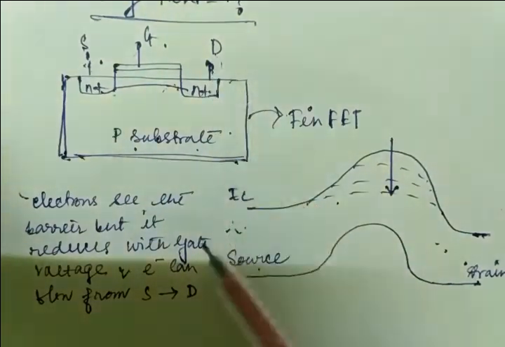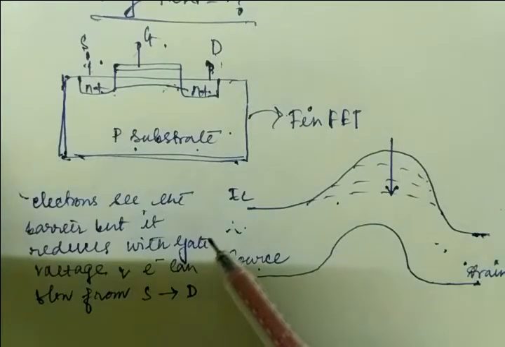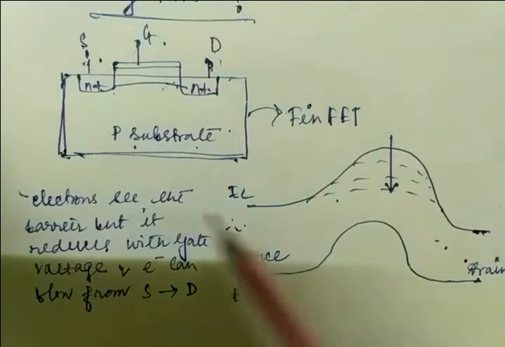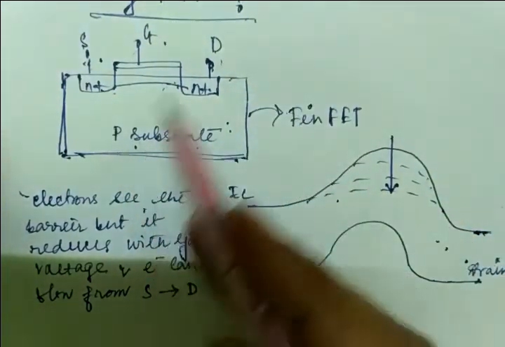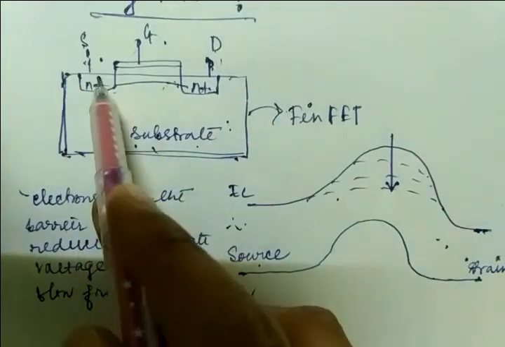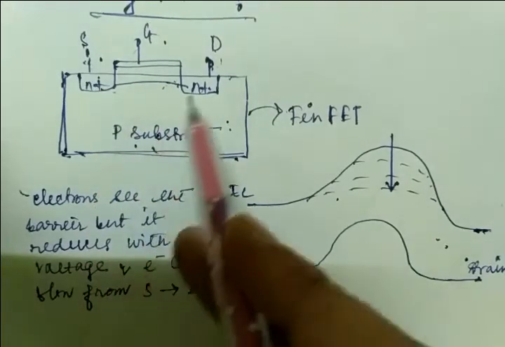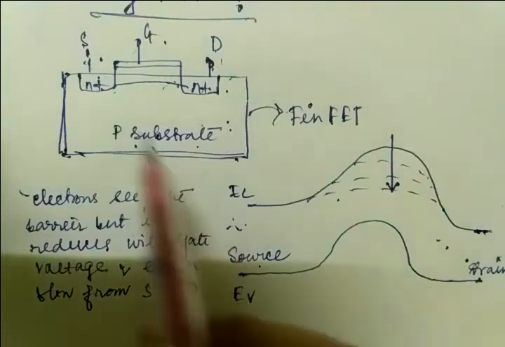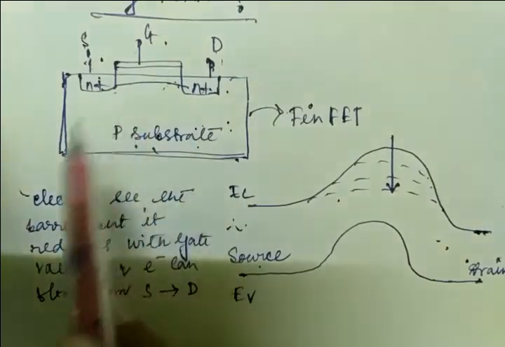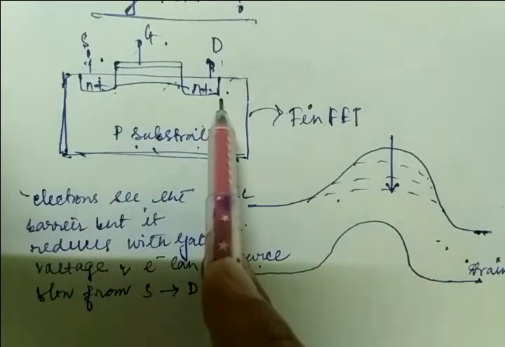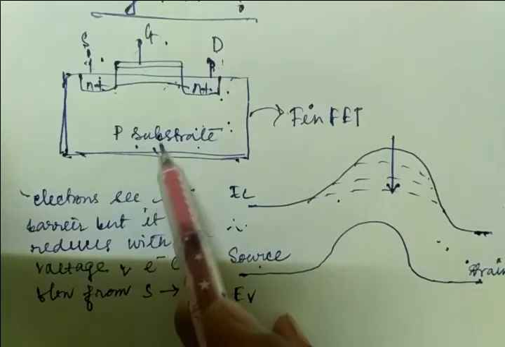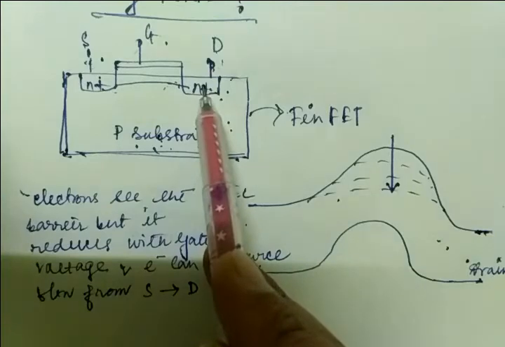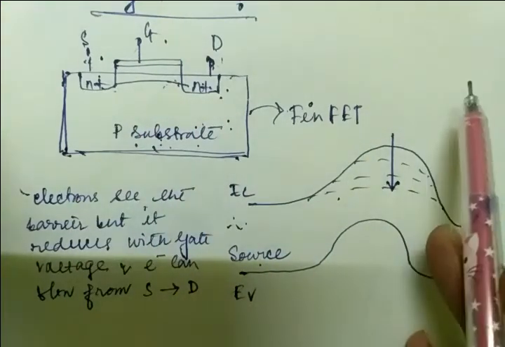But if the carriers are coming from the substrate to source or the substrate to drain, we can't say that this is current conduction, because current conduction means the carriers are moving from source to drain, nothing else.